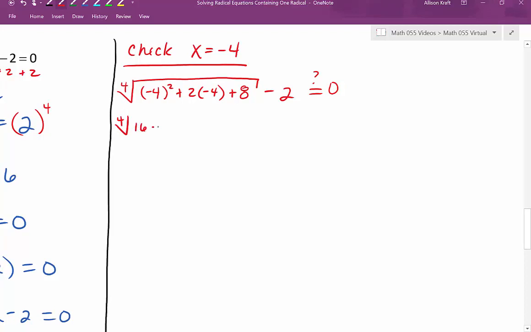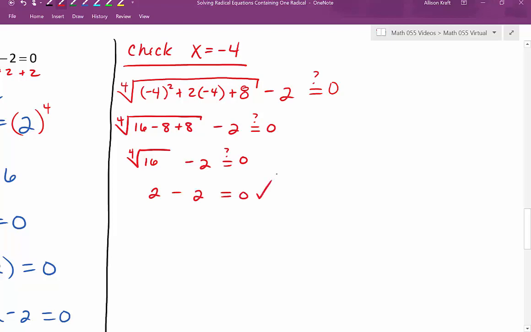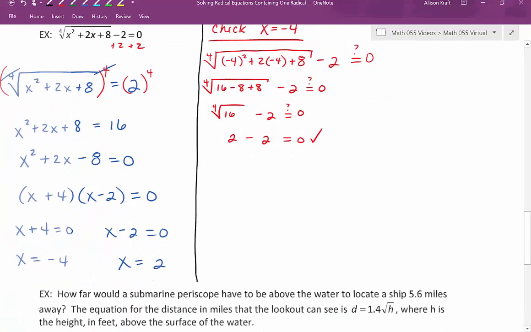So it's 16 minus 8 plus 8. Our 8's fall out. This is the fourth root of 16 minus 2. Is that equal to 0? Well, the fourth root of 16 is 2. 2 minus 2 does equal 0. So I know at least this one's good.